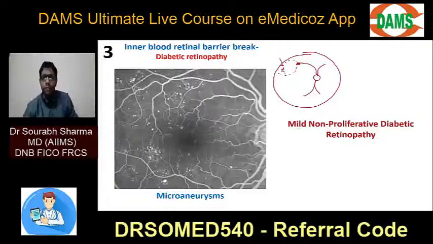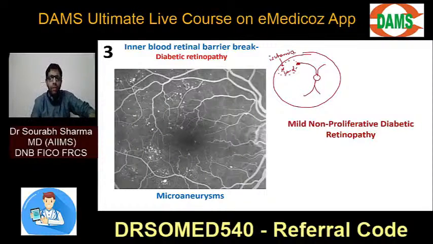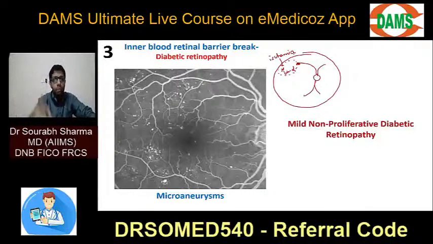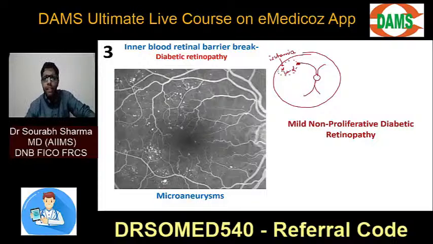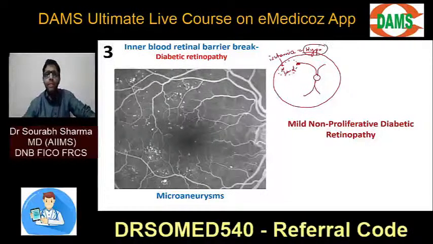It will not have any blood supply. It becomes ischemic. Will ischemia be hyperfluorescence or hypofluorescence? There is no blood supply, so the ischemic retina will be hypofluorescent. No blood, no dye.